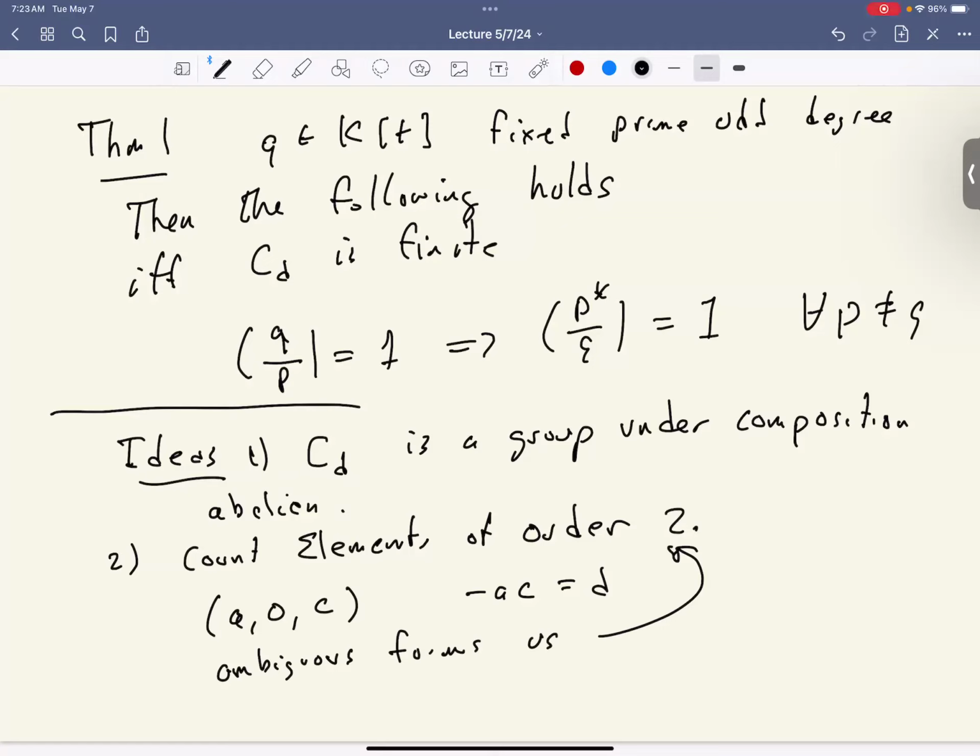And one of the problems is that these guys here are not the only ambiguous forms. You can have guys where the center guy is not 0, and the cause of the problem is the existence of 2 as a prime, as usual, right? God should not have made 2 a prime. But anyway, that's the cause of the problem. But he's able to count them in terms of the number of factorizations of D.